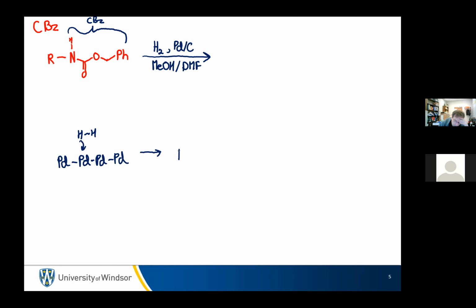And I think there's two ways you can draw this, and I'm not convinced by either of them. I think the truth is somewhere in the middle. We have the hydrogen gas kind of absorbed onto the surface, and what that does is it weakens the hydrogen-hydrogen bond. I think it's also okay for you to draw it something like this.